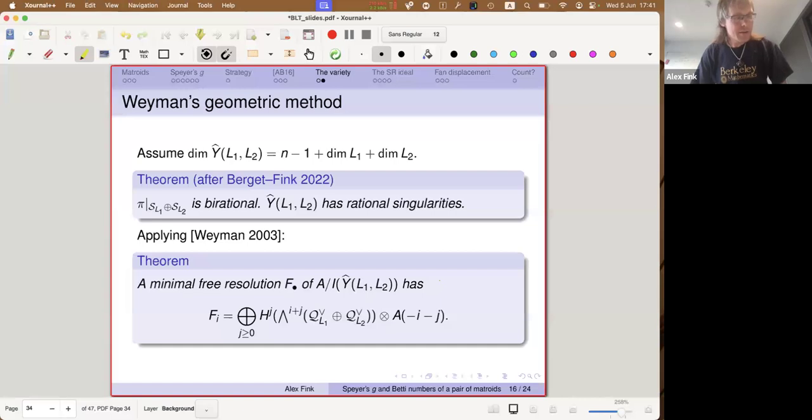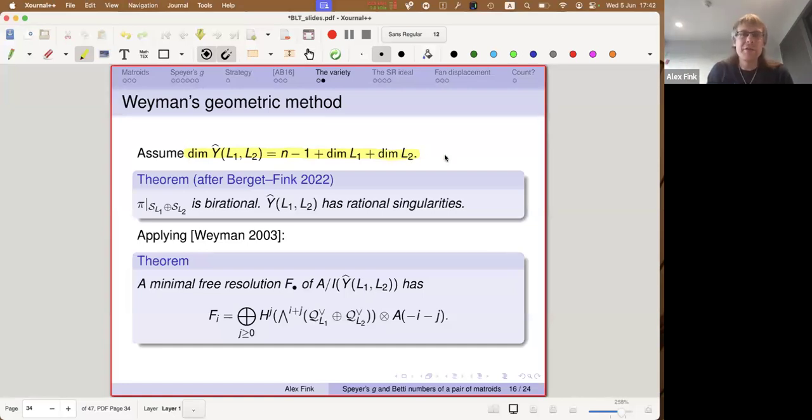Now, using this tool set with Weyman's geometric method, if the dimensions are right, if Y is the largest dimension possible, which is this: dimension L1 for the choice of U, dimension L2 for the choice of V, n minus 1 for the diagonal matrix, because if I act by a scalar multiple of the identity, that will just scale my choices of vectors from L1 and L2, so I lose a degree of freedom that way.